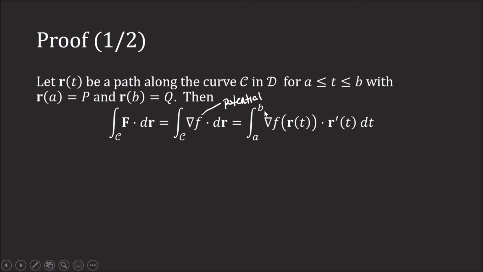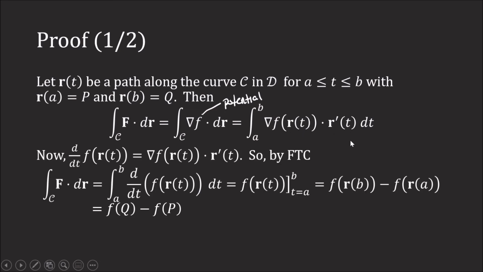Well, this is going to be the integral from a to b of the gradient of f evaluated at r of t, dotted with r prime. Now, d/dt of f of r is the gradient of f of r dotted with r prime. So, by the fundamental theorem of calculus, this integral can now be written like this.